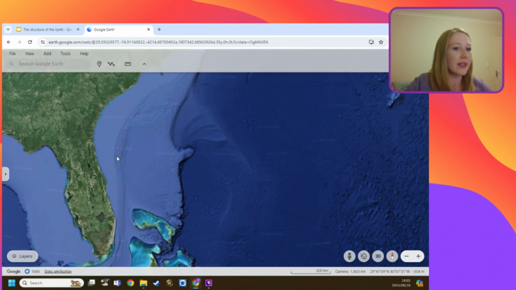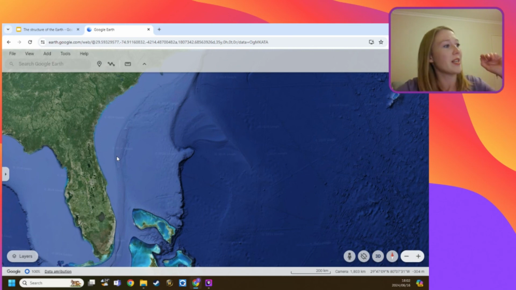It's a different composition crust. It is thicker, it is older, it is less dense, it is made of different types of rock. So oceanic crust, yes, is underwater, but it has a completely different composition. So it's not oceanic crust just because it's under the ocean. We do get some continental crust that is also underwater.